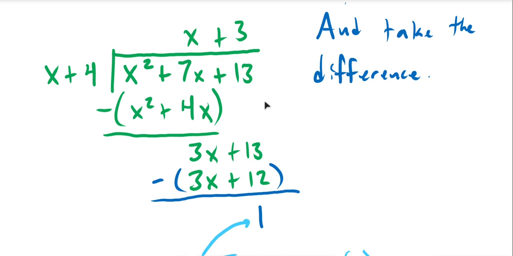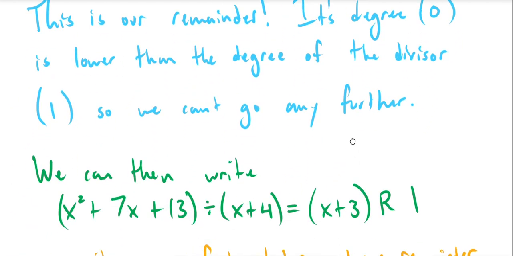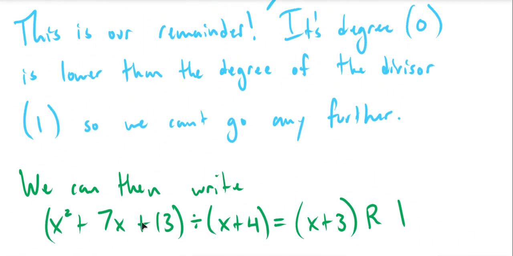We're at the end of the quotient bar, and we have this number whose degree is smaller than the degree of the dividing polynomial. That's our remainder. Its degree is 0. It's less than the divisor's degree, which is 1, so we cannot actually go any further. Then we can write any number of facts. We could write that this dividend divided by this divisor is this quotient, remainder 1.